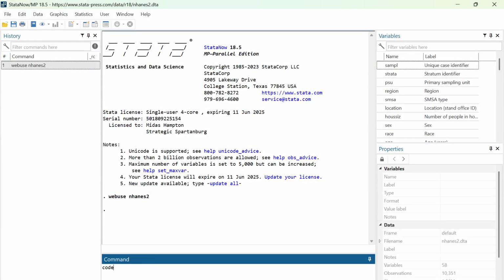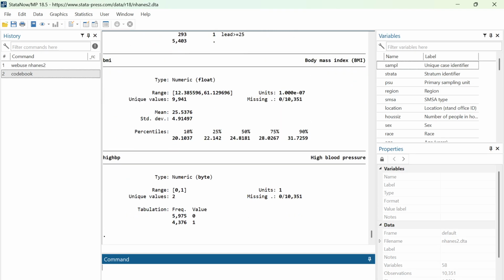So we're going to write the codebook command here in the command window. Hit enter, and then you can see that what it does is it produces the description about the variable for each of the variables, and it's a lot. So you may not have a summarized view, right? So you have the idea of what BMI is.